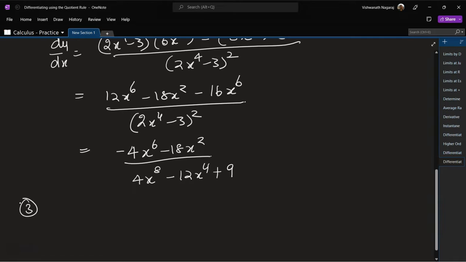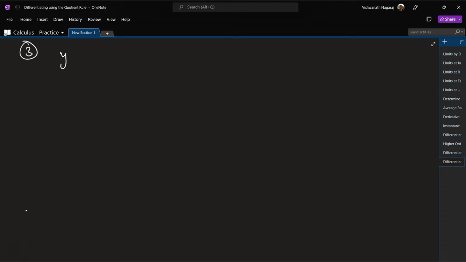Okay, third one is y is equal to x to the power of 5 by 2x to the power of 4 minus 2.